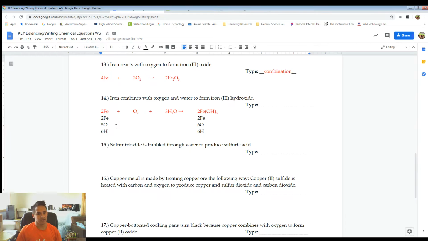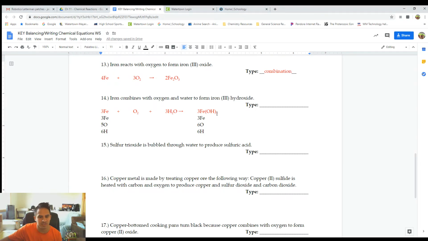So now we go, all right, now what? Well, let's just start guessing and checking. Clearly 2 didn't work. So let's just try 3. Originally it was 1. Let's put a 3 there. That is going to change our irons. We can put a 3 there.